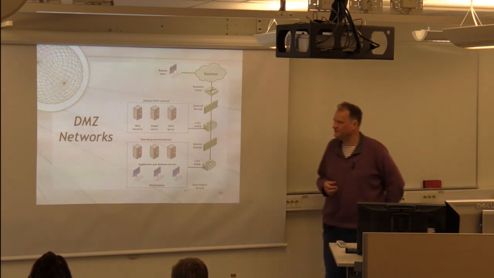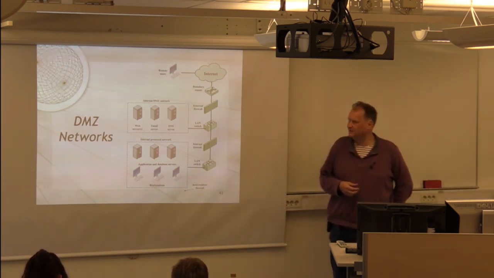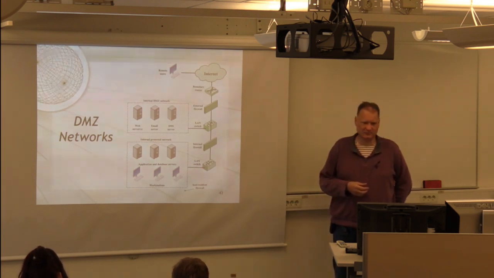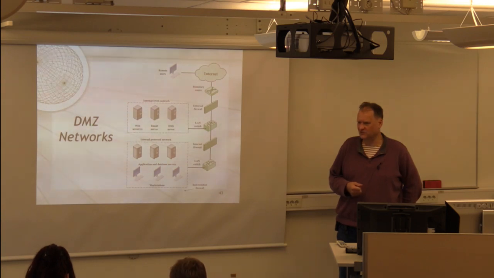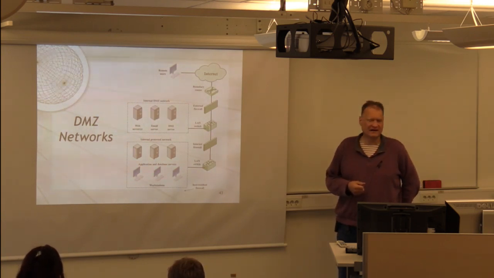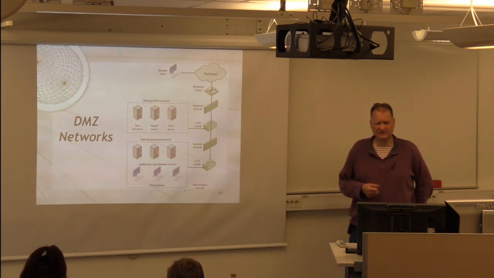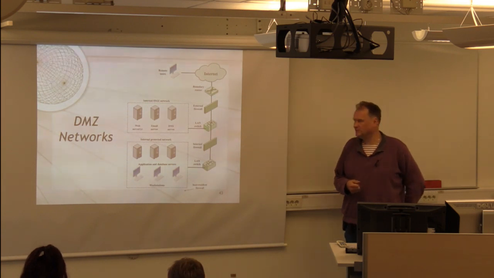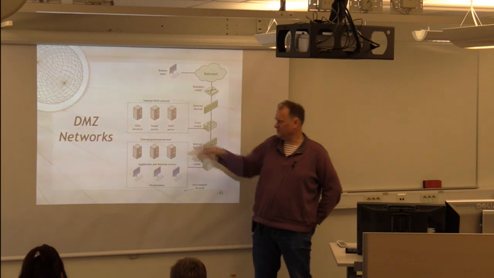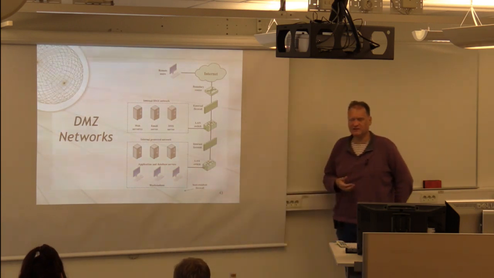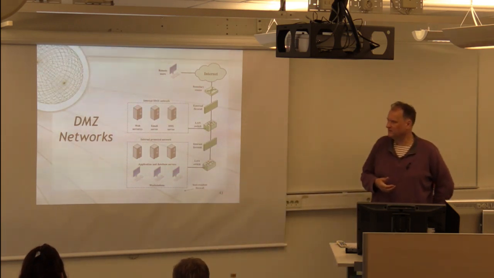This third network, the middle network, we often call a DMZ network, a demilitarized zone. That is a zone that should be accessible, and it should be a sort of a neutral zone. So there we typically put things like web service, email service, DNS server, things that should be available from outside.